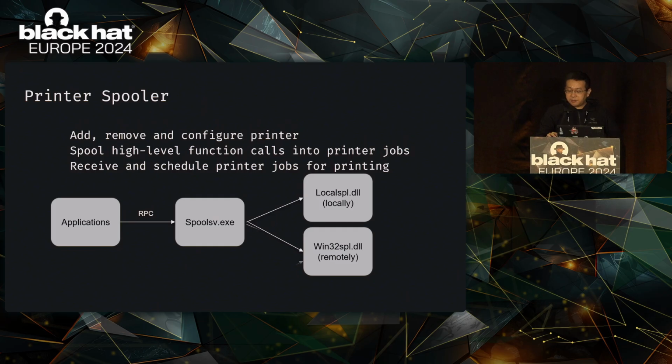Windows printing is based on Windows RPC. By using the exported RPC interface, a user can add a new printer and can fully control the printer. Then we can configure this printer, create some print jobs, send print jobs to a printer port, or manage those print jobs.